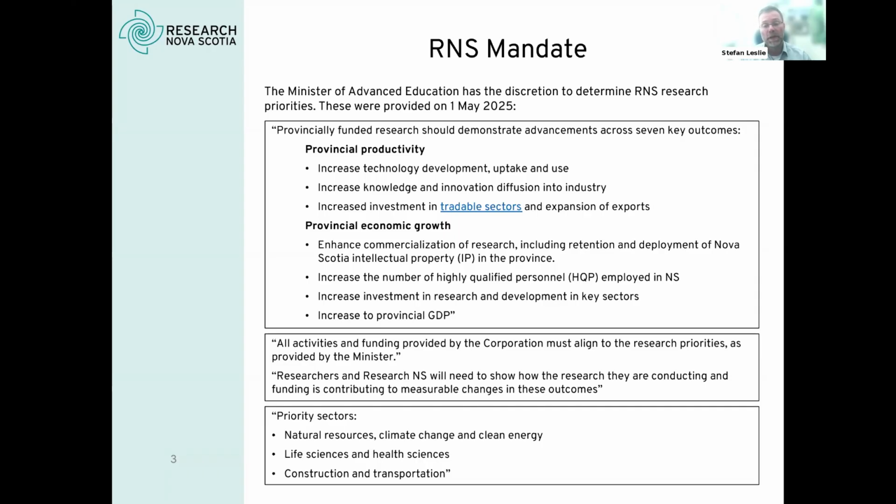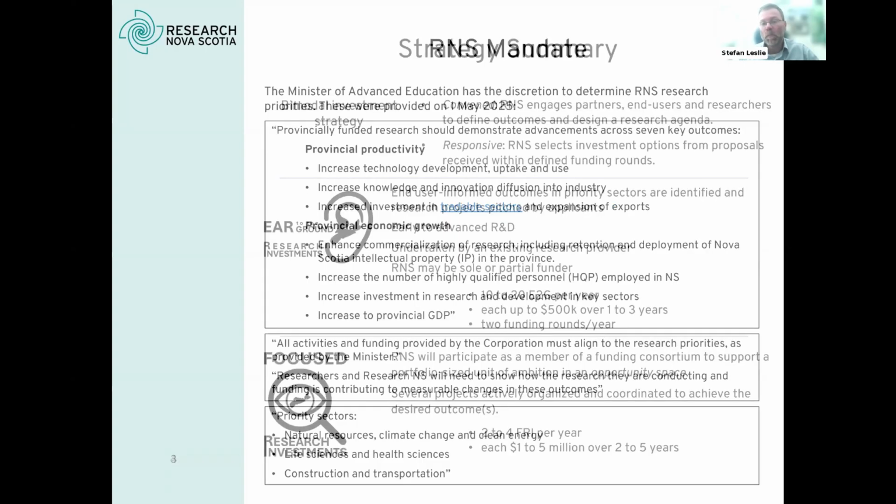And then the third and final area is that the minister identified 3 priority sectors, which are listed there: natural resources, climate change, clean energy, life sciences and health sciences, and construction and transportation. So our ability to fund things is restricted to those that are going to create provincial productivity or economic growth, that we can demonstrate that that connection is there, and that falls within one or more of those 3 priority sectors listed at the bottom.